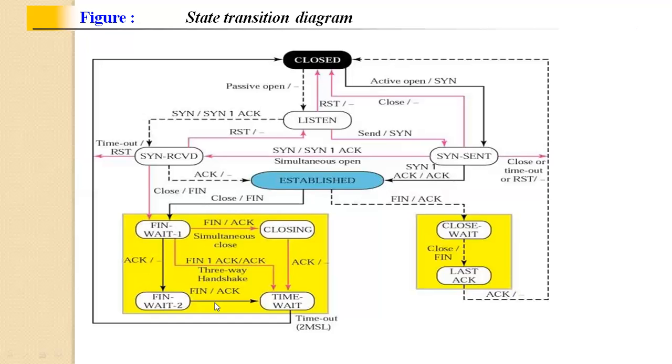Then comes the path of the server. First client, then server. The connection to the server is denoted by a dotted line, and the client is denoted by solid lines.